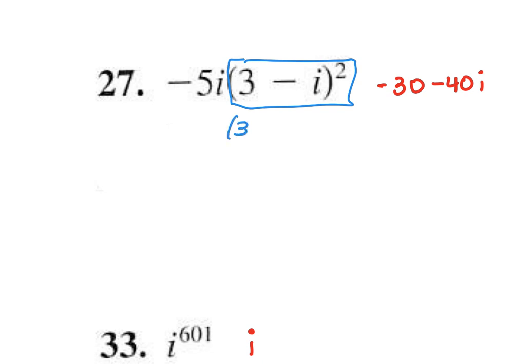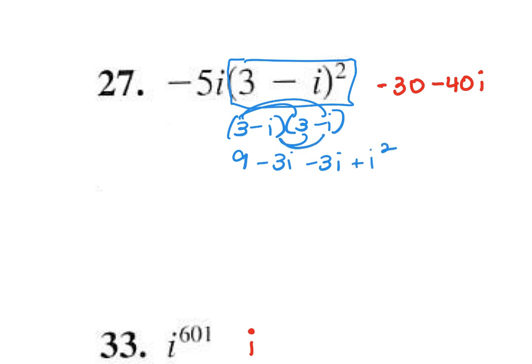So if you expand and FOIL, I would multiply. 3 times 3 is 9. 3 times negative 3i, and then negative 3i times negative 3i would be a positive 9i squared. That i squared becomes a negative 1. So I'd get 9 minus 1, which is 8, and then negative 3i, which is negative 6i.